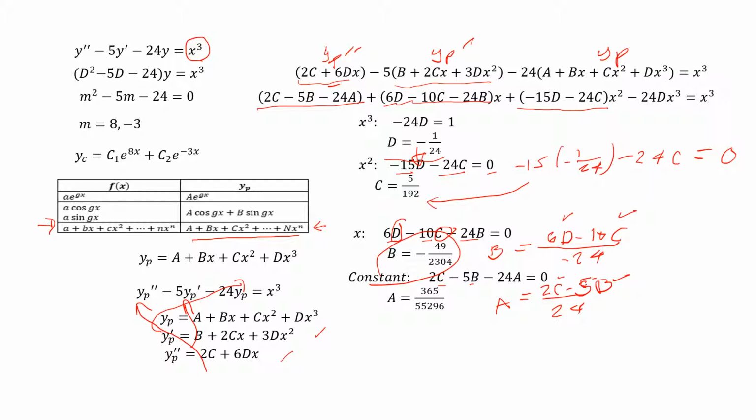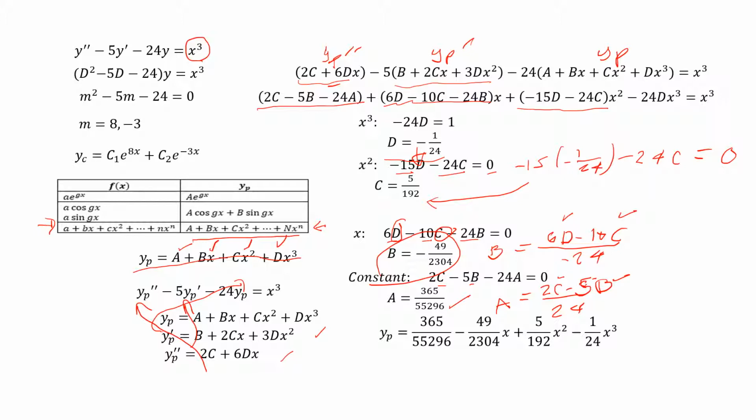So substitute that, and then you get this value of a. So once you get the values of a, b, we're not complete. We know already the values of a, b, c, and d. So plug it here again. Remember, you know the value of a, b, c, and d. You get the particular solution.